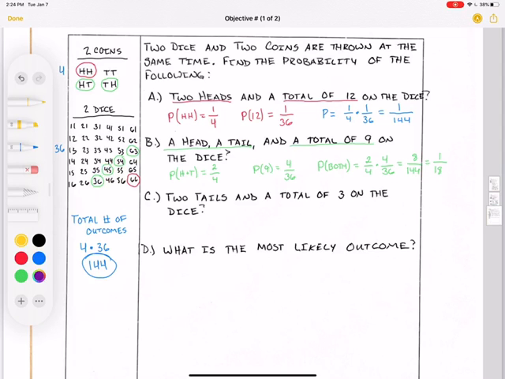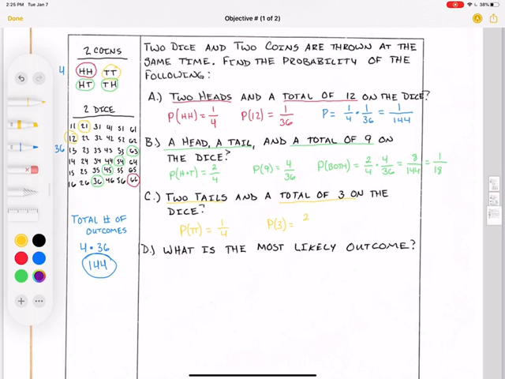Okay. Next, two tails. Boom. There's only one option for two tails. It's going to be 1 out of 4. And a total of 3 on the dice. A total of 3. You got 2 choices there.